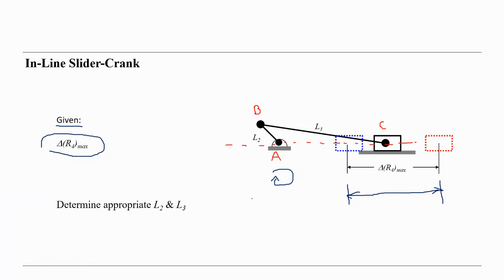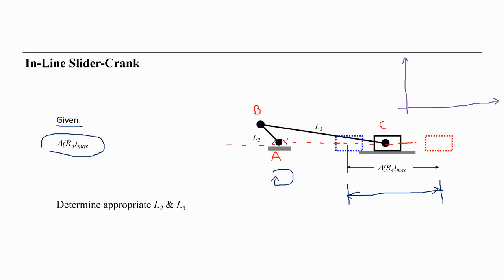Let's say this is the output motion, and in the vertical axis we have the input motion.